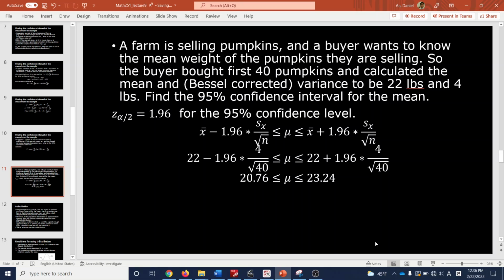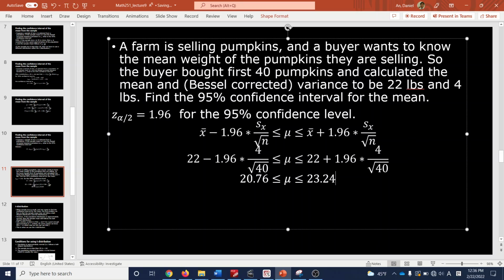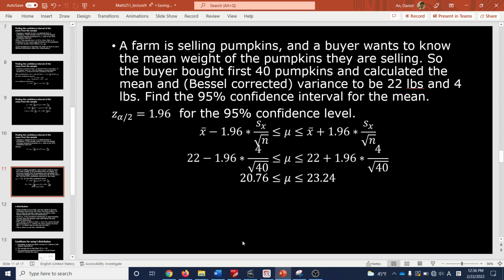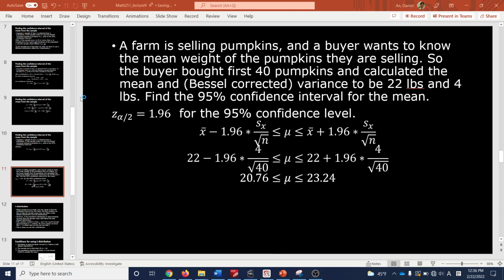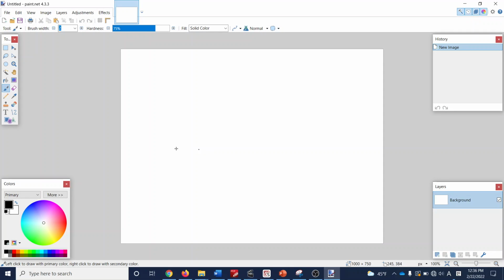How are you getting the 1.96? Okay, so the question is, how do you get the 1.96? Just to explain the 1.96, since we have about 5 minutes, let me draw it here. You have the standard normal distribution.